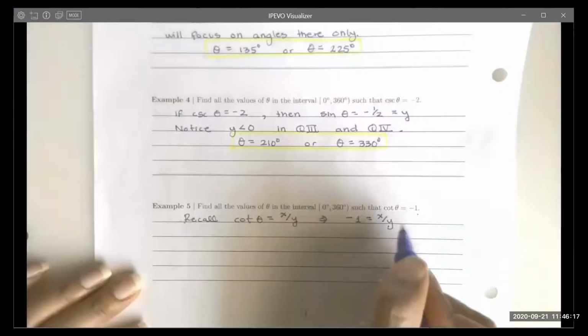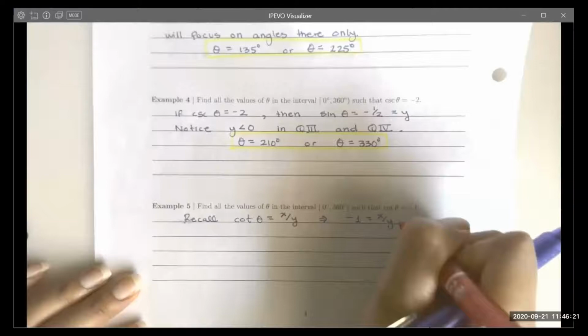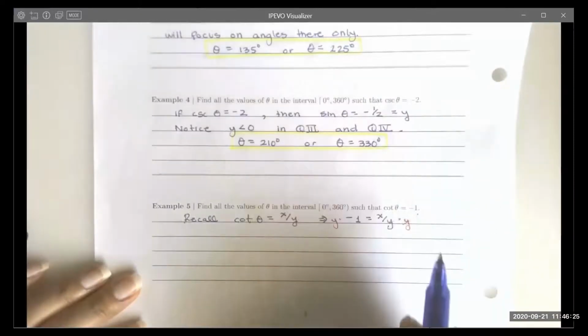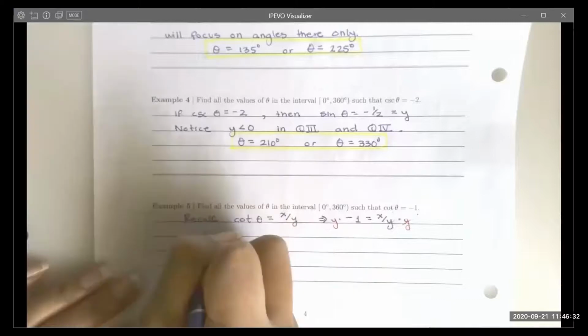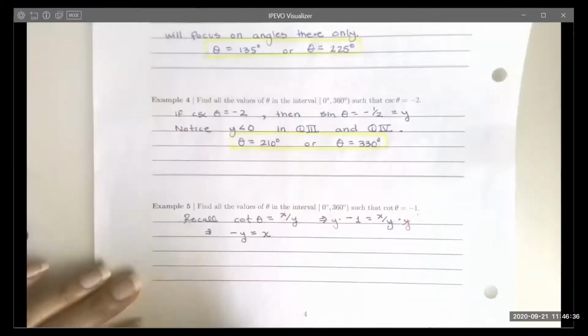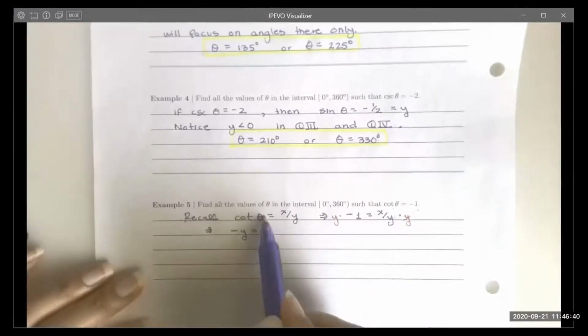And if we multiply both sides by y here, what happens? Well, these are going to cancel out because this is like a y over 1. And then y times -1 is just going to become -y. We're going to get -y is equal to x. So we're looking for all of these angles where this is true, where -y equals x.